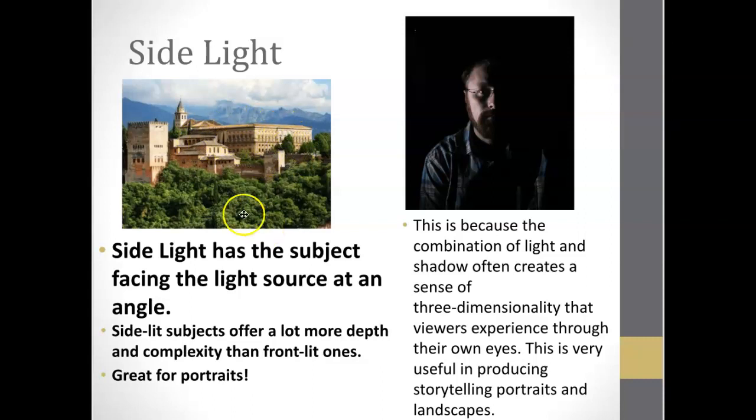It shows how three-dimensional that building can look. You can see texture a little bit more when you're doing side light as well. This can be great for portraits. If you're doing a real dramatic pose like this, a low-key light with the side light being used. But you can also just have side light with soft light even, where you just have it brighter on one side than the other.